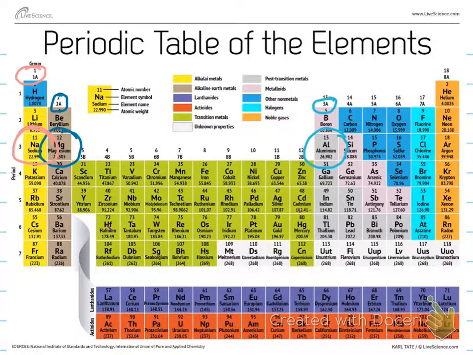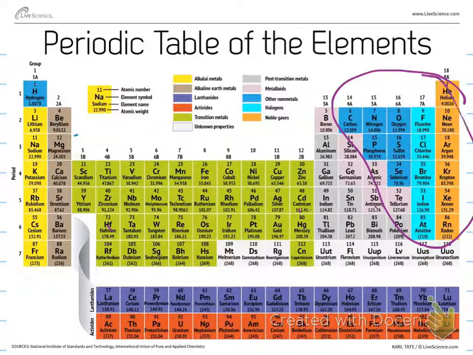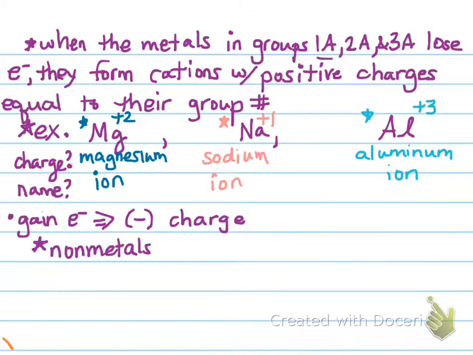Again, we talked about this just a moment ago, but to remind you, our nonmetals are right over here. They're on the right side of our periodic table, above and to the right of that heavy stair-step line on your periodic table. So it's the nonmetals that tend to gain electrons.